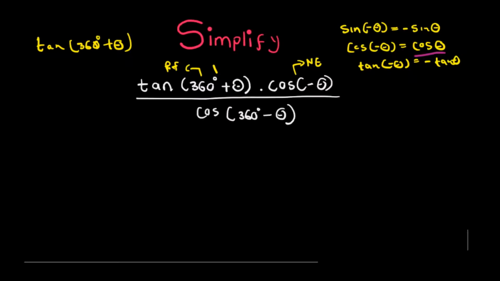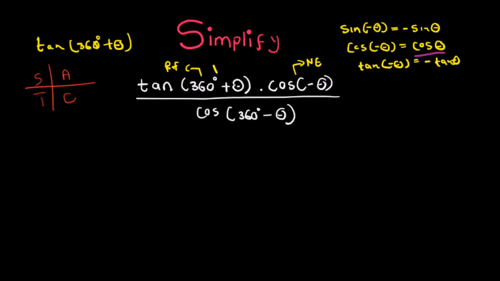Doing our CAST diagram, we know very well that 360 degrees plus theta lies in the first quadrant, where all our trig ratios are positive. So this means that tan of 360 degrees plus theta is simply going to be tan of theta.